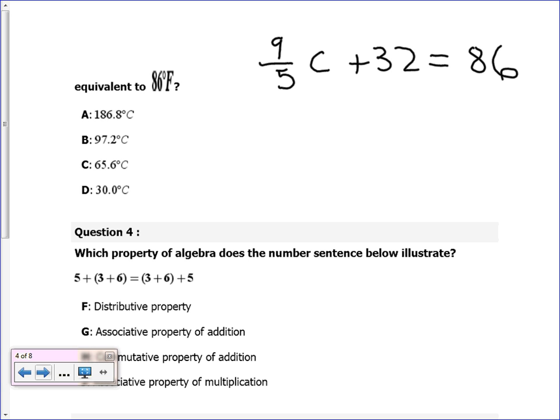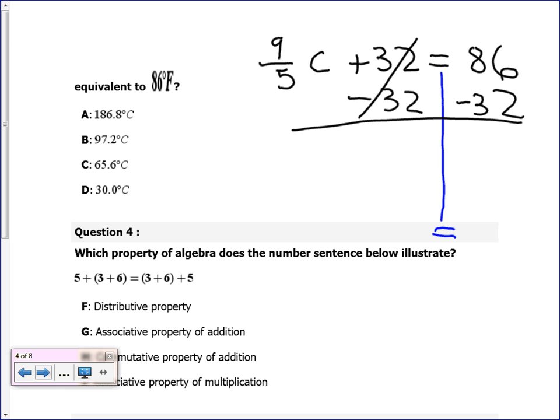Okay, so let's go ahead and subtract 32 on both sides. And we'll be left with 9/5 C is equal to 54. Now we have this fraction that no one likes, but just remember the way that you get rid of a fraction is to multiply by your LCD.